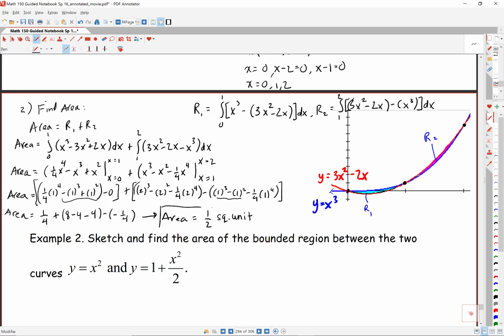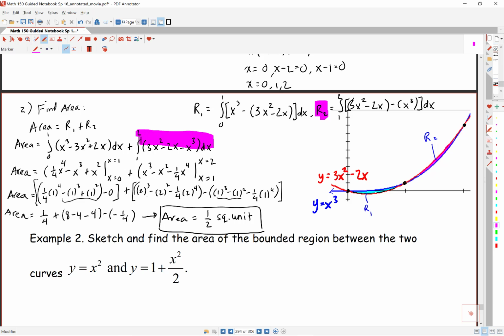And we're done. Okay? So a lot of it is just crunching through the integral. So basically, just so you can match it up, what we found was this was our region 2, and this right here gave us the region 2 area.